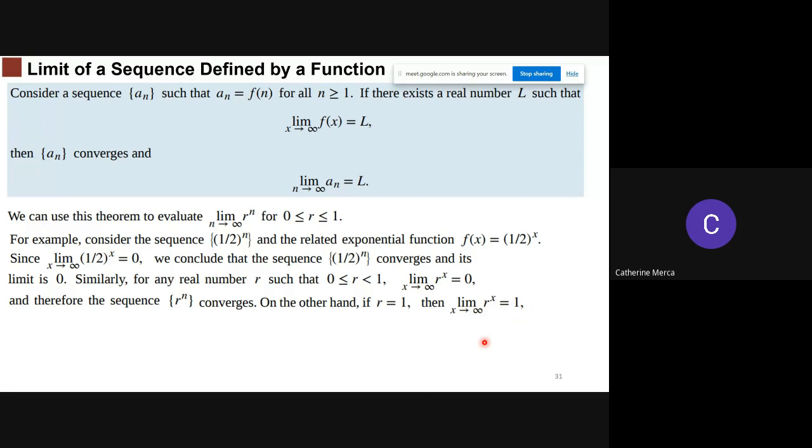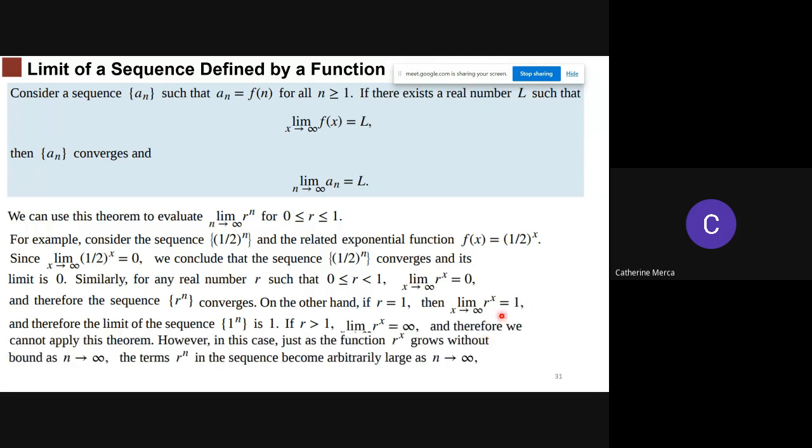You are going to make use of this later on, in solving for the limit of the sequence. So what happens if you have here the limit of r to the x is equal to infinity? You cannot apply the theorem. However, in this case, just as the function r to the x grows without bound, as n approaches infinity, the terms r to the n in the sequence become arbitrarily large.